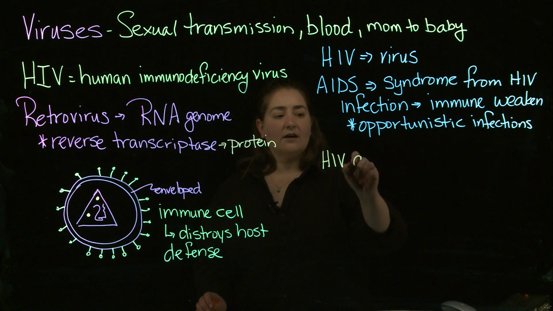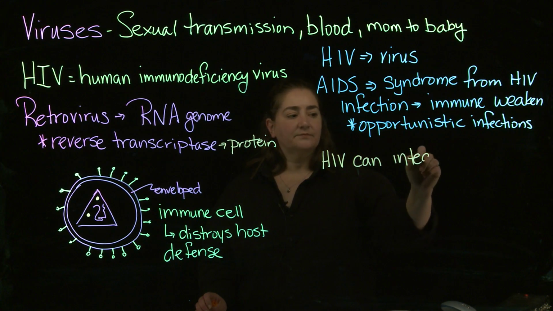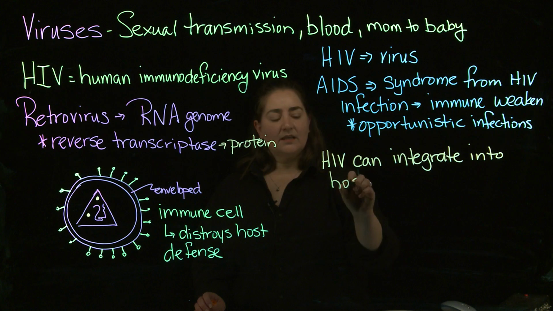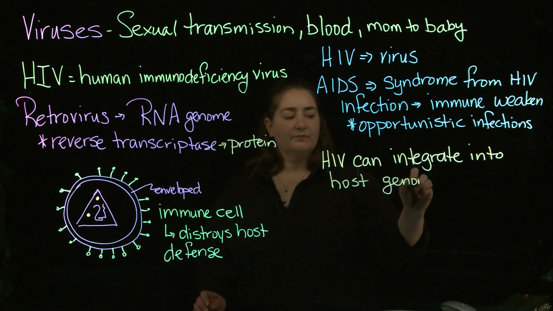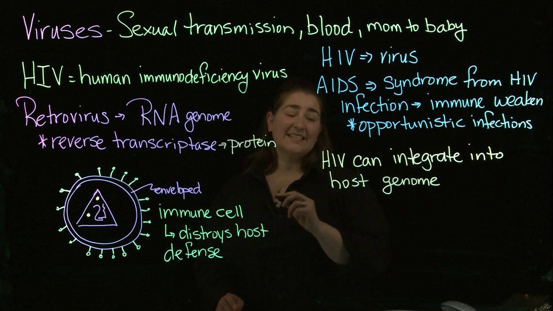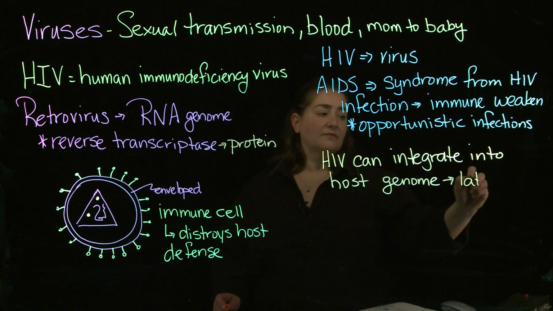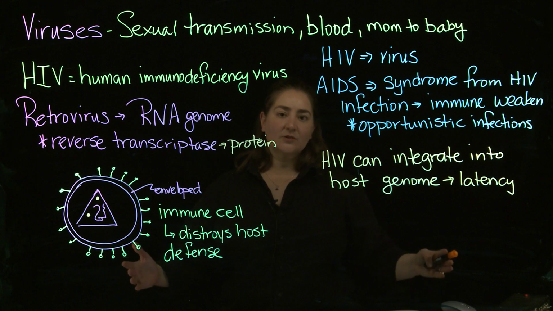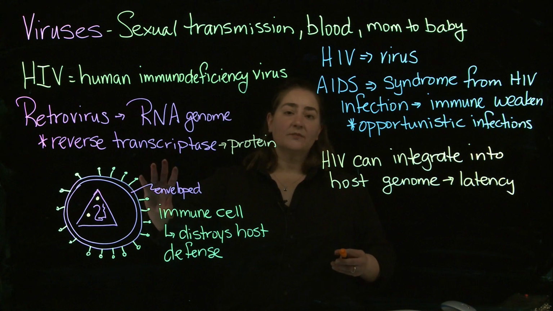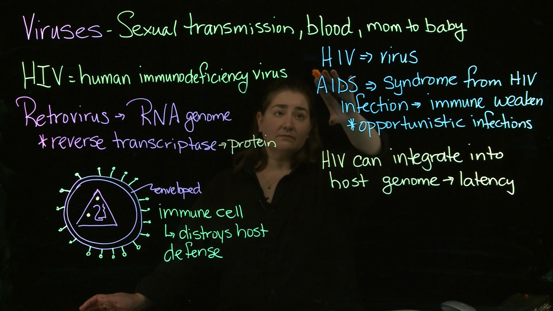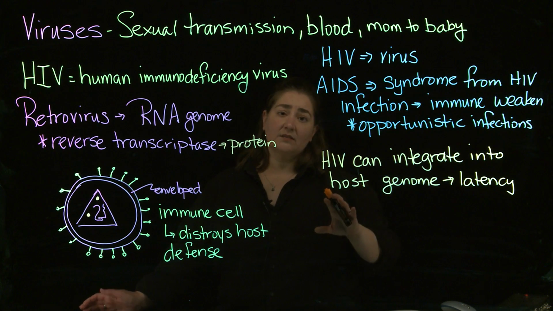One of the key things that the HIV virus can do that not all viruses can do is that it can integrate into the host's genome. All right? And that ability of that virus to integrate into the host DNA is what gives rise to the big spectrum we see of somebody initially being infected with the virus versus actually showing the symptoms associated with AIDS, okay?